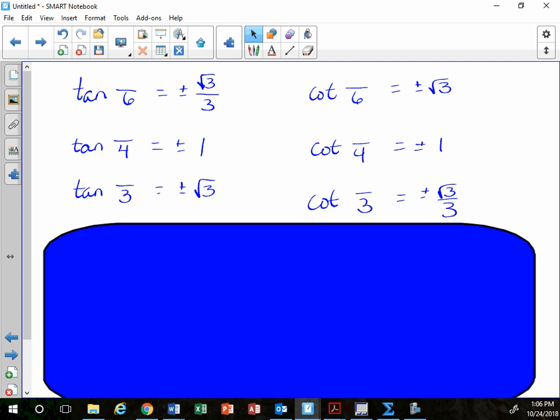Okay? Cotangent then, because it's the reciprocal, you see how they're connected here? These would be the exact same. So jot these down if you want to. You may just recognize them after you've done enough of these.